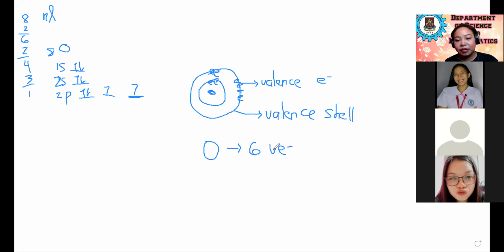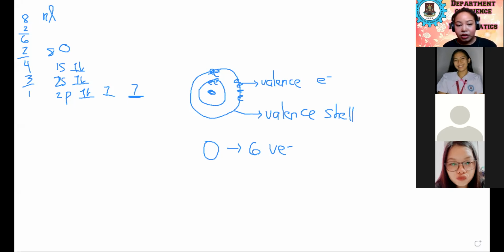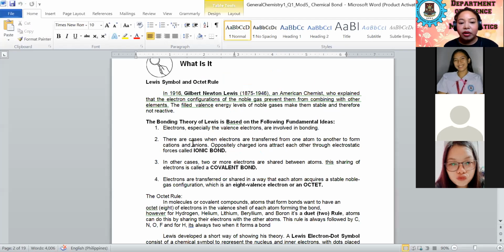Sige, ma'am, salamat. Sige. So, let's go back to our module. So, there are cases when electrons are transferred from one atom to another. We call this transfer of electrons an ionic bond. Nga nang nahimo siyang ions. Now, remember, if an atom loses or gains an electron, it means the number of electrons and protons are not anymore equal.